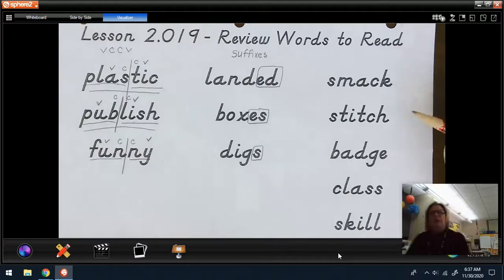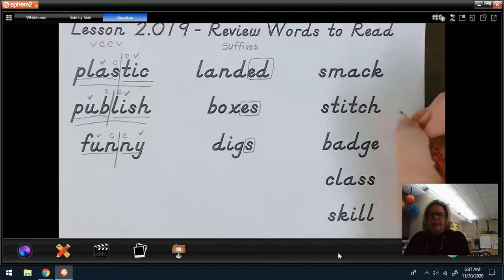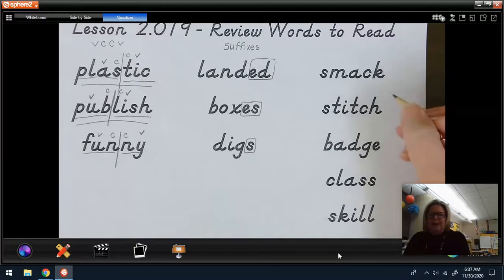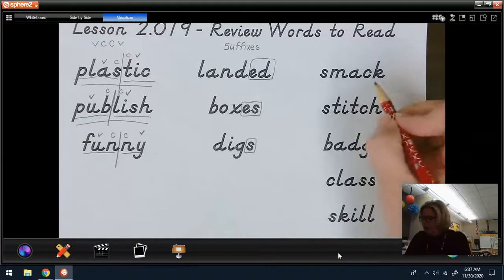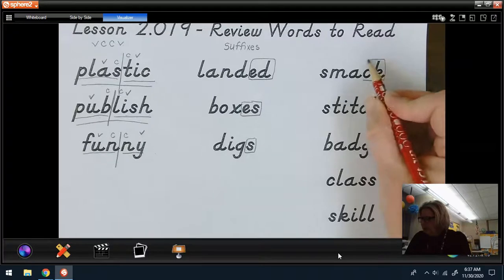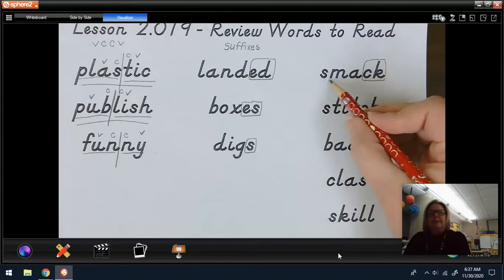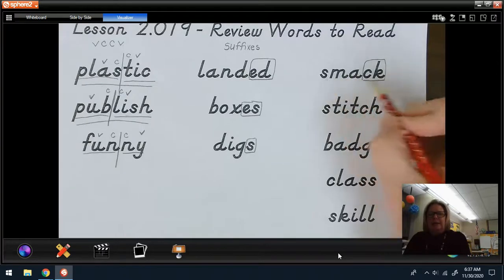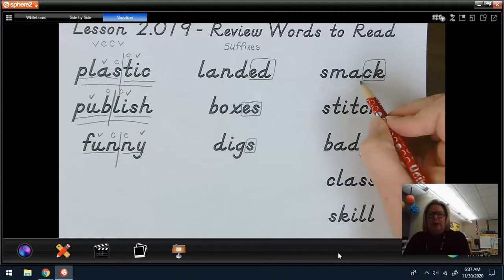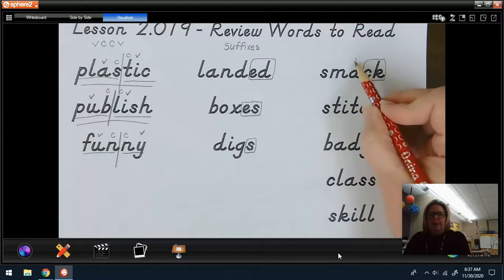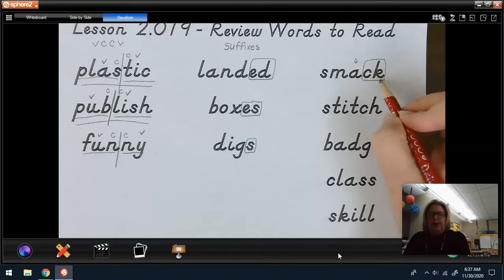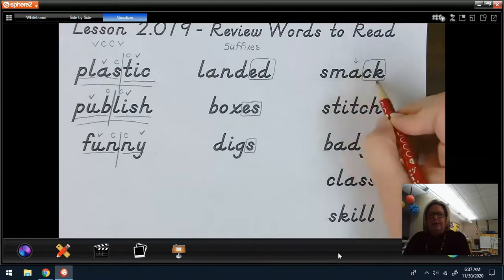And our last row over here is just sort of a hodgepodge, boys and girls, of things that we've already learned. In this instance, this word has a CK on the end. This word is smack. If this is a one-syllable word with one short vowel sound and you hear k at the end, you add ck. So this word follows that rule. Smack.